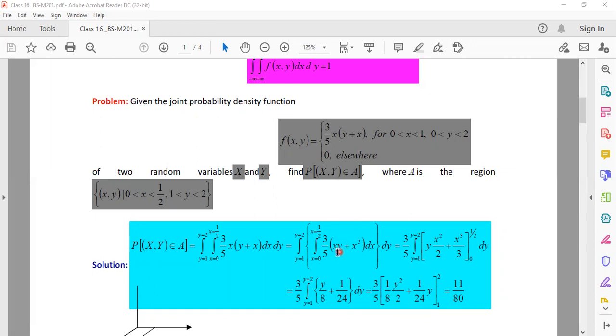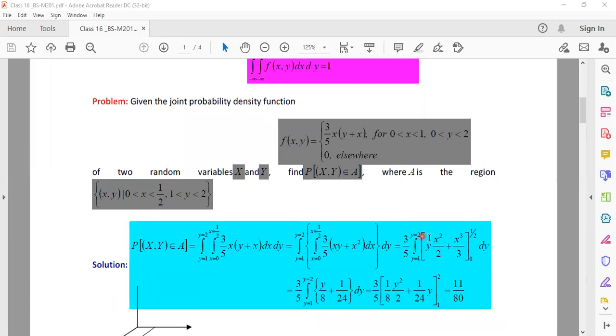This means that the integration will not affect the quantity y. It will remain unaffected throughout the integration. So, treating y as constant, we are going to integrate the thing. First of all, you can take 3/5 outside the integration, and then we integrate this, treating y as constant.